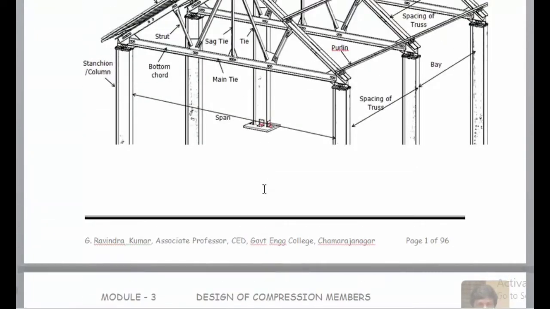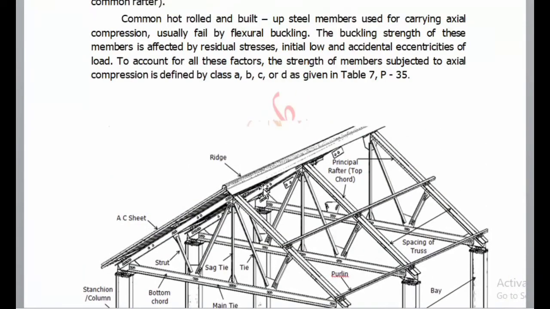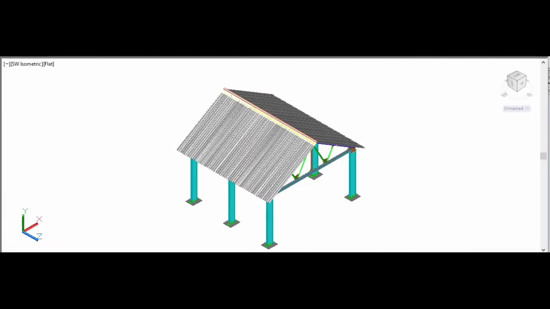Now, let me show you the 3D models of the various forms of the structural members which are subjected to compressive force. Now, let us look into the 3D model of a simple roof truss.